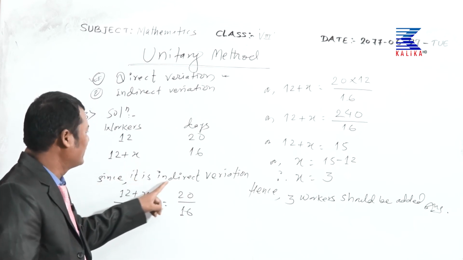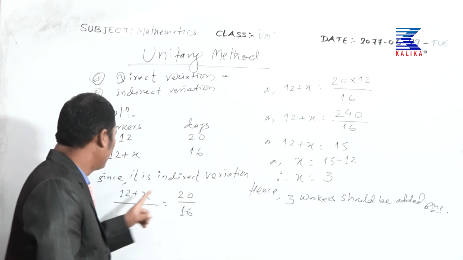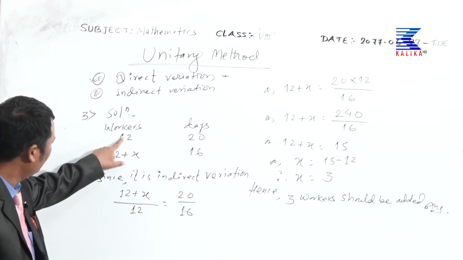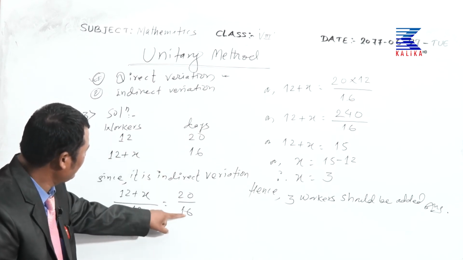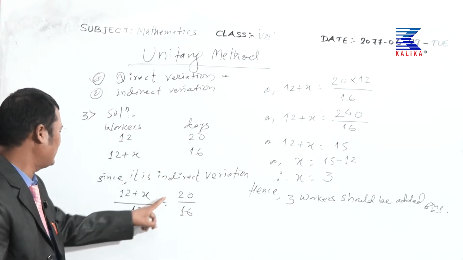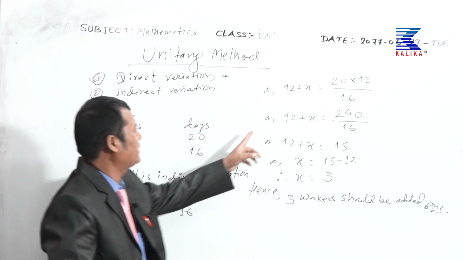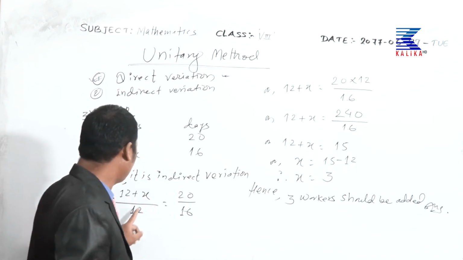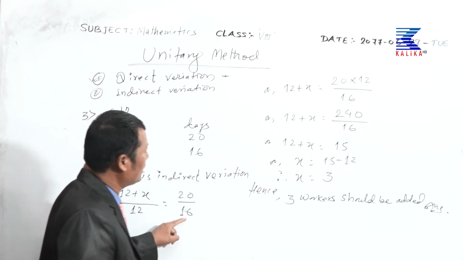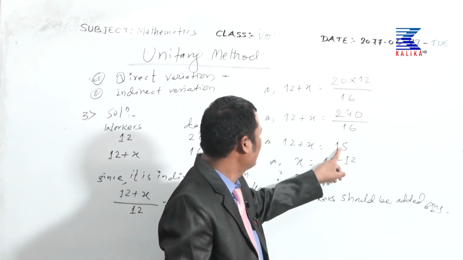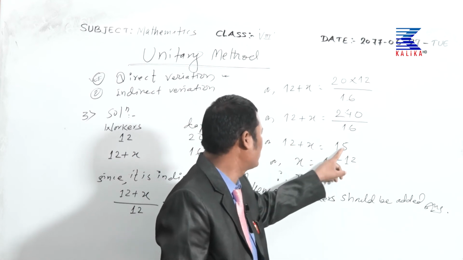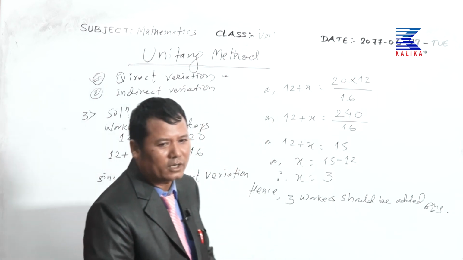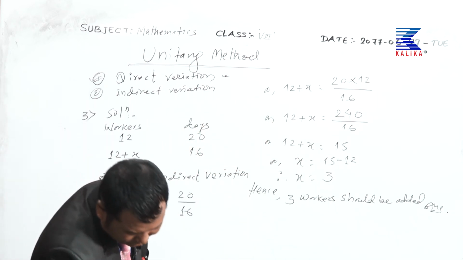Since it is indirect variation, 12 plus x upon 12 is 20 upon 16. Then cross multiply, 12 plus x is equal to 20 into 12 divided by 16, it will be 15. Then x is equal to 3. 3 workers should be added.